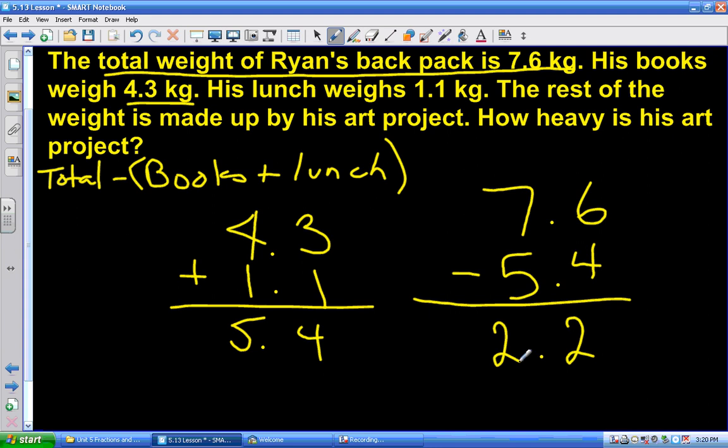What is the 2.2? No, this is how much his lunch and books weigh right there.